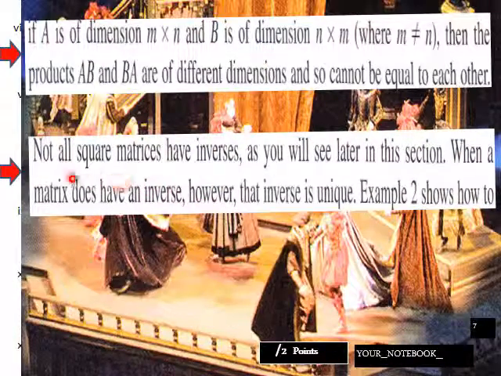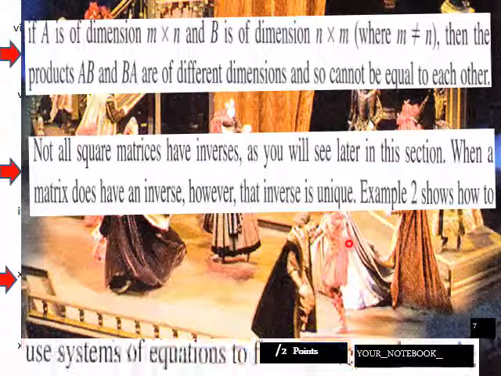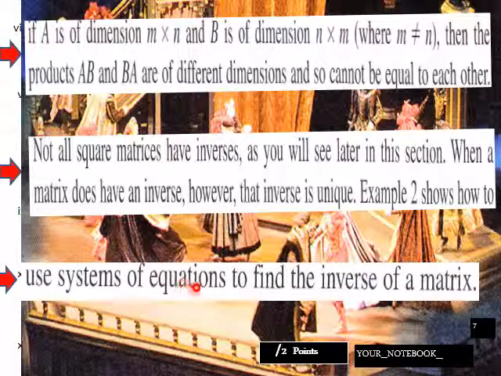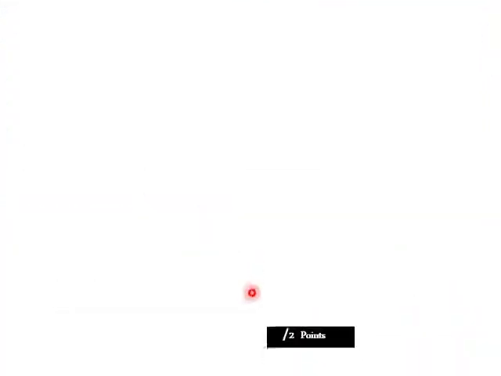Take note of that. Not all square matrices have inverses, as you will see later in this section. When a matrix does have an inverse, however, that inverse is unique. Example 2 shows how to use systems of equations to find the inverse of a matrix. So let's go into example 2.